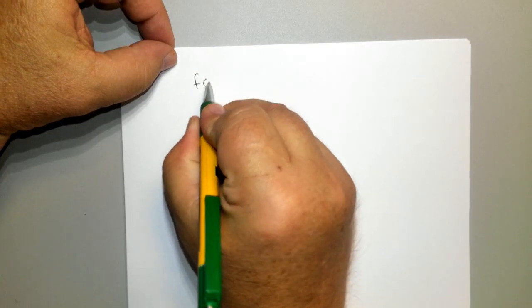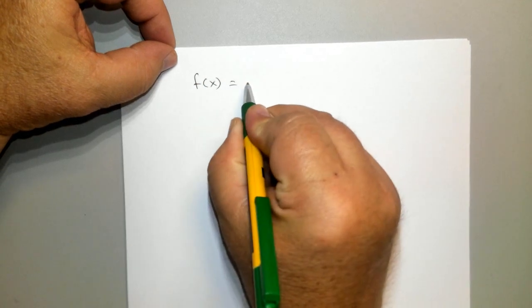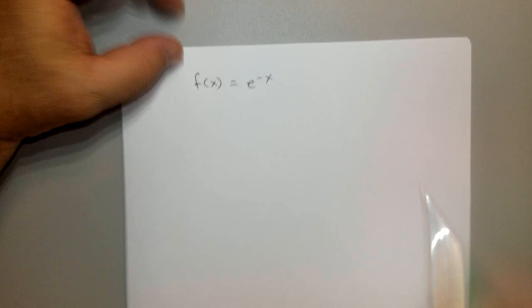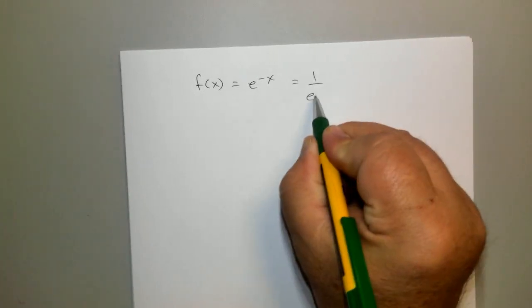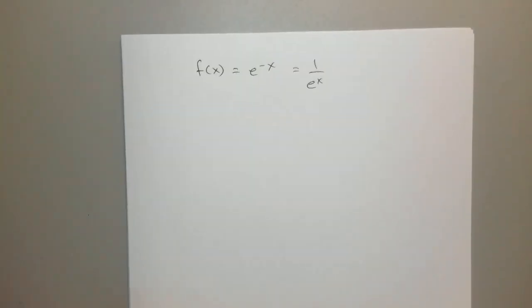Oh, let's look at another one. I know we've done this one before. E to the power negative x. Make this one into a quotient function. Take the derivative of it like this.